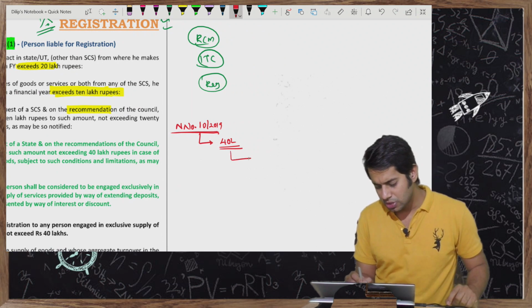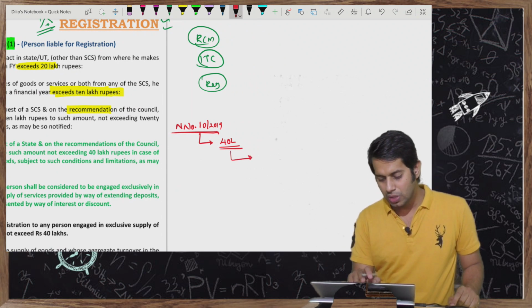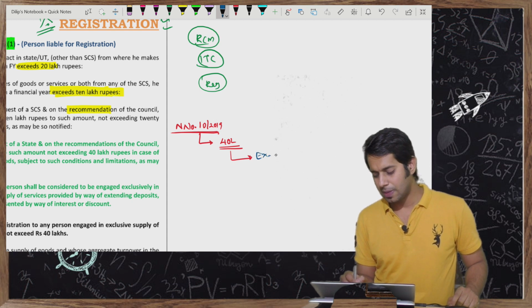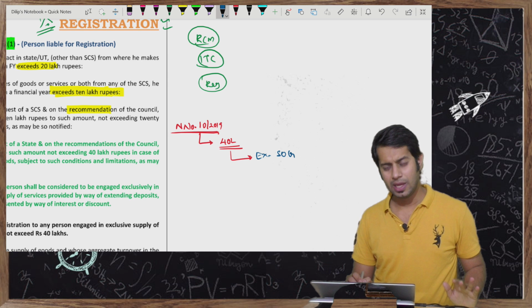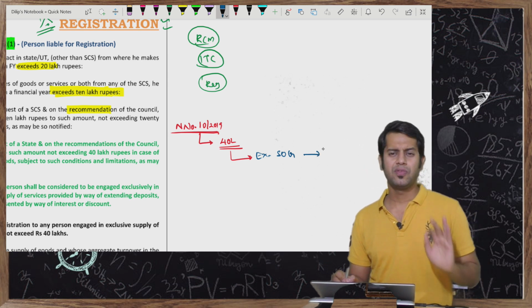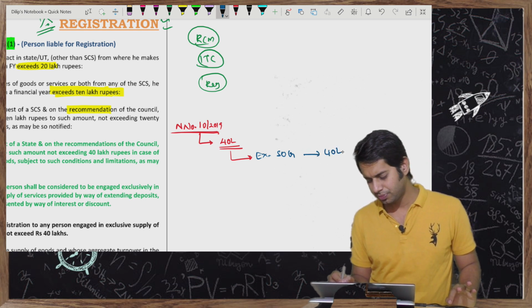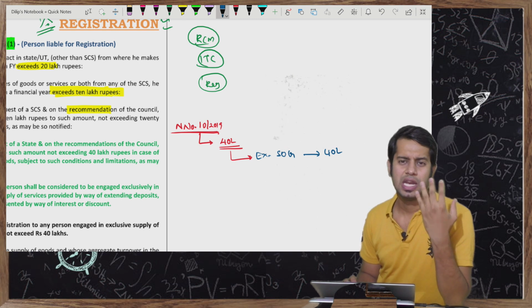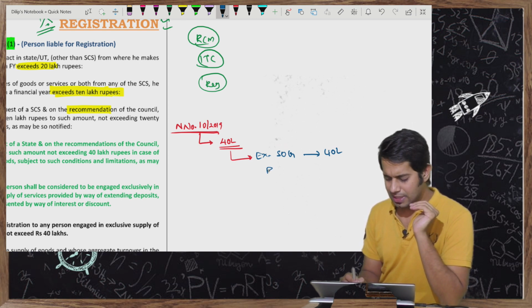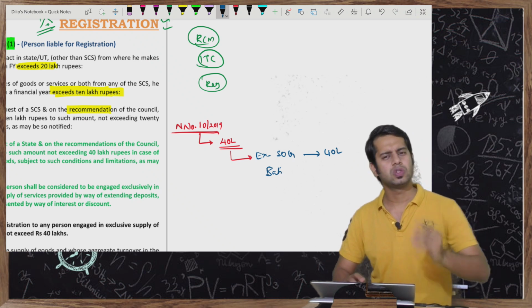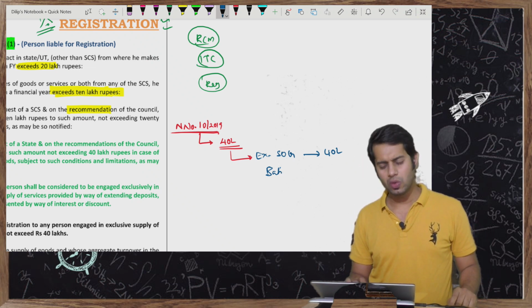It was telling that if you are a person who is exclusively supplying goods, the registration limit for you is increased to 40 lakhs, provided that you satisfy a few conditions. There were conditions also specified in notification 10/2019.